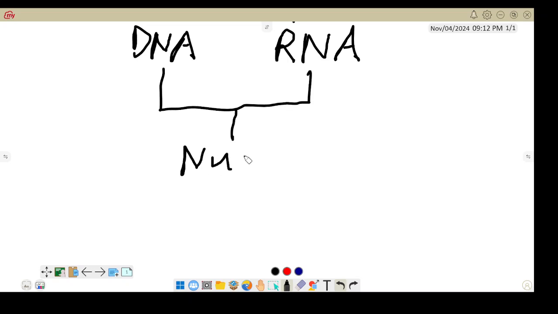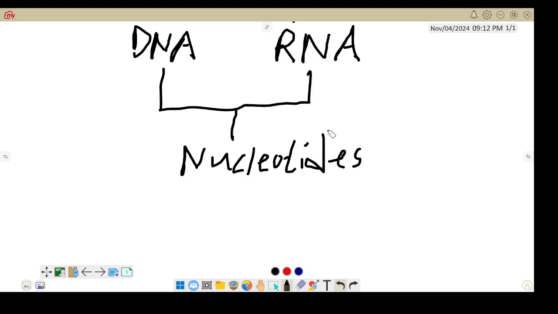So under DNA and RNA, we have nucleotides. So nucleotides are simply components of DNA and RNA. So the nucleotides are what make up DNA, and they also make up RNA.